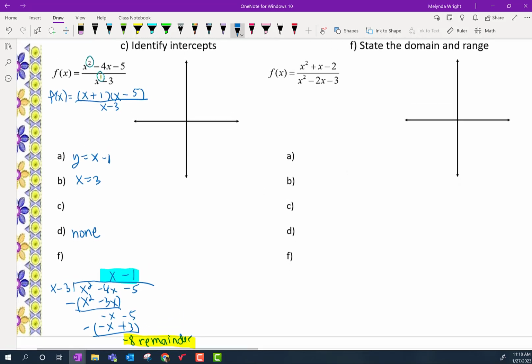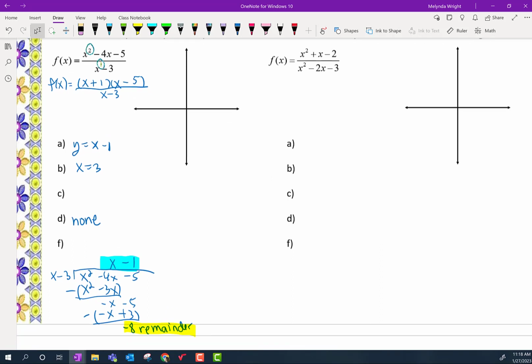Part C is asking us for the intercepts. So let's do a little scratch work down here. Our y-intercept is when we're at the y-axis, right? That's where all the x's are 0. I would rather go back to the original one, since the original was not simplified, and do some work.